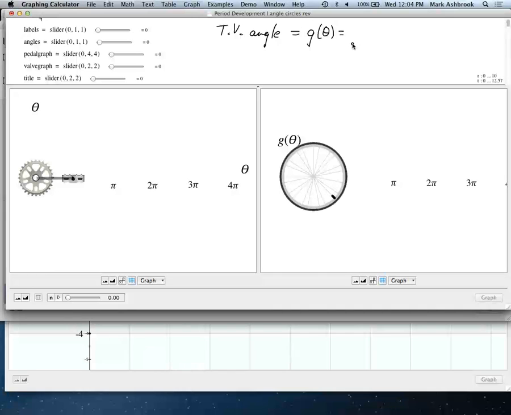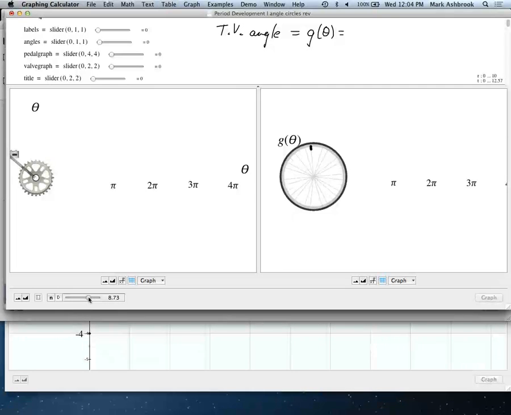So it starts pi over 4 clockwise from the pedal angle, and as the pedal angle increases, so does the tire valve. When we get back to the 3 o'clock position, the tire valve is back where it started.